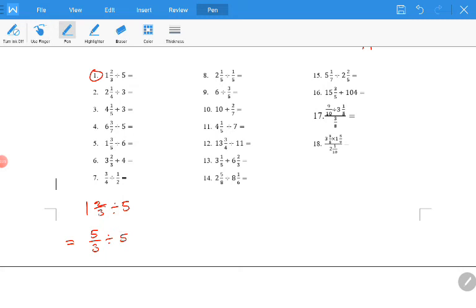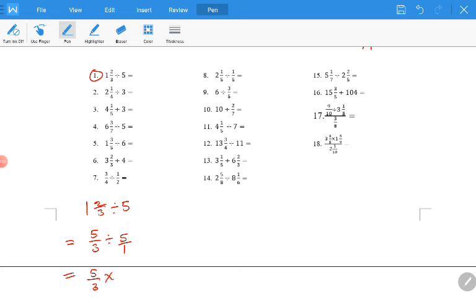Then here we need to convert one of the fractions. But before we do so, let me express 5 as a fraction. 5 as a fraction is equals to 5/1. So now the most important step here is to say this is equals to 5/3. Then this which is dividing, we are dividing by 5/1. So we put a multiplication sign.